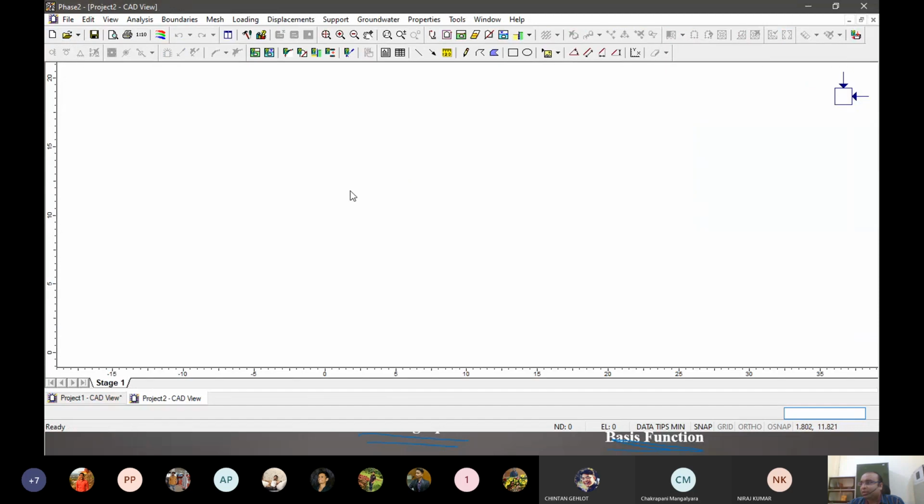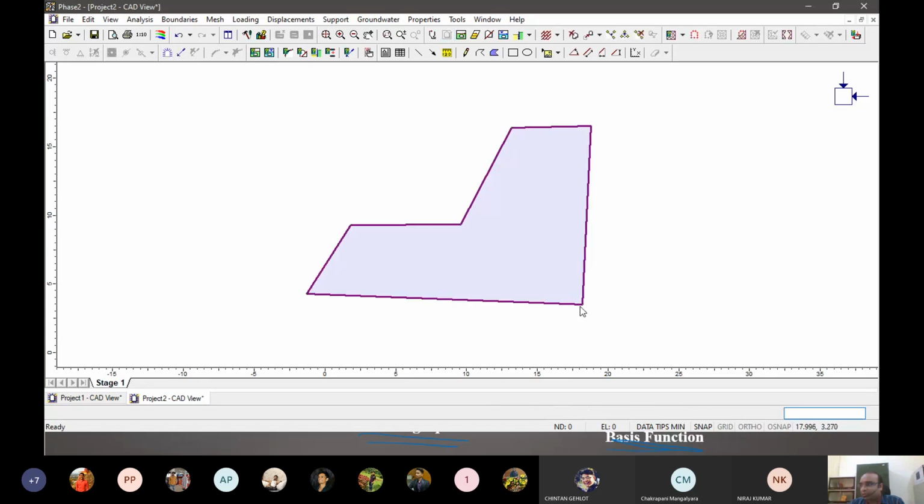It can also have something like a slope. So in the case of a slope, we directly go with the external boundary like we did in the limit equilibrium. For our slope analysis, we can do the same here, and it will basically take it as a slope.